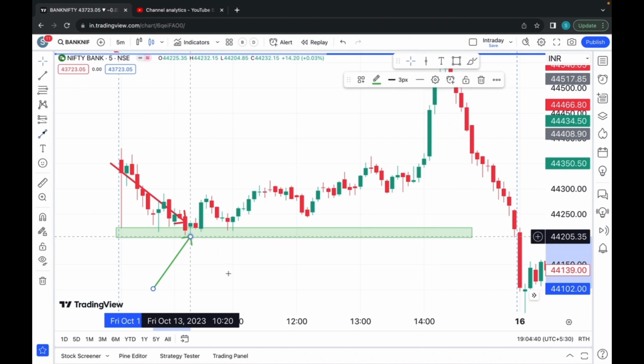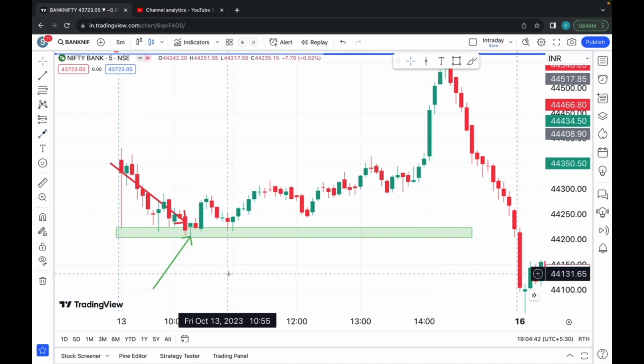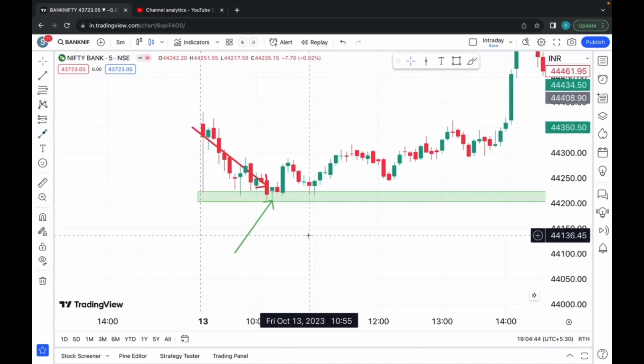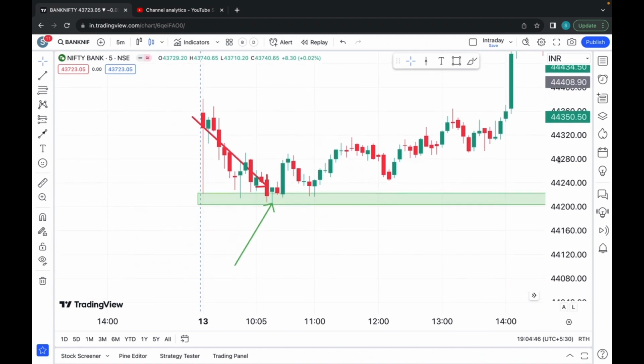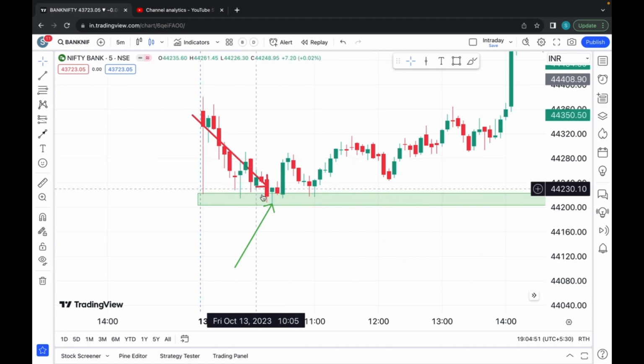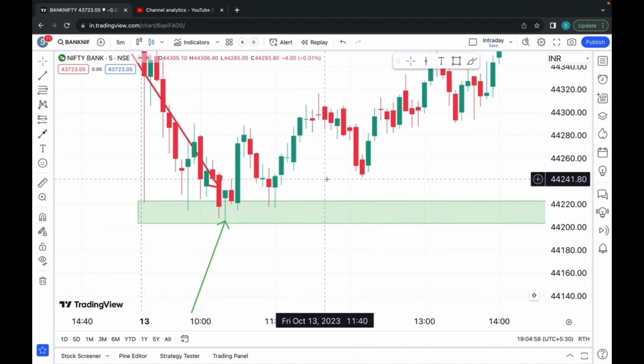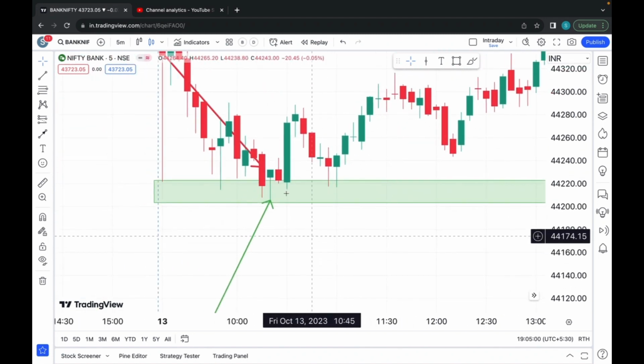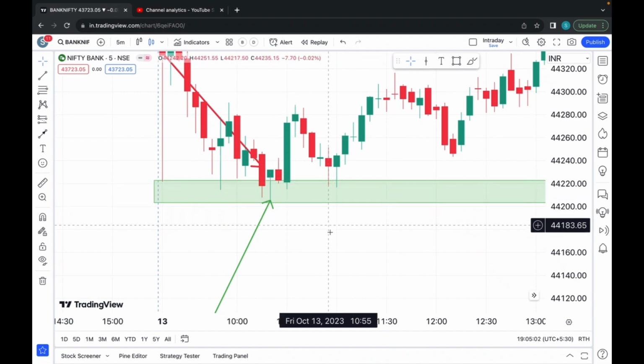The color of the hammer is not important. The formation of the candle is. This is coming at all these rejection areas, and it is coming after a downturn. It has got no upper shadow. It has got a wick which is more than two times the real body.